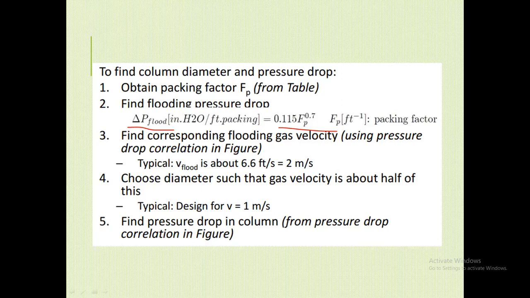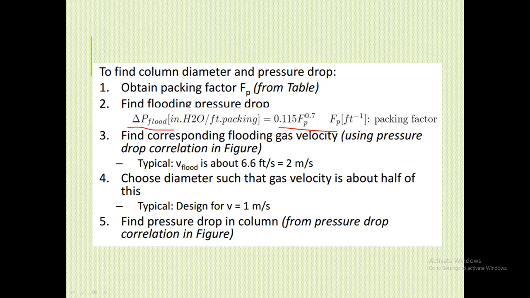Once you know the linear velocity at flooding condition, you will use it together with the volumetric flow rate of your continuous phase. The continuous phase is the feed. In the case of gas absorption, your feed is the gas phase. In the case of stripping, your feed is the liquid phase.